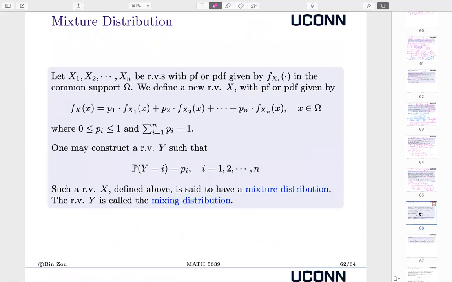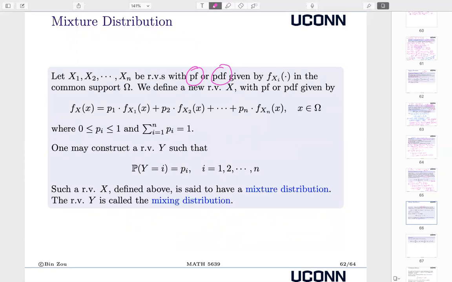Finally, we introduce the last way of getting a new distribution. This is called mixture distribution. Basically right now I have n random variables, X1 to Xn. They can be discrete, they can be continuous. It can even be the case that some of them are discrete and some of them are continuous. It just can be anything.